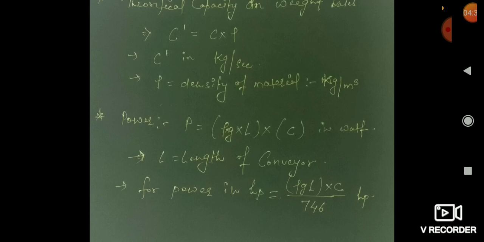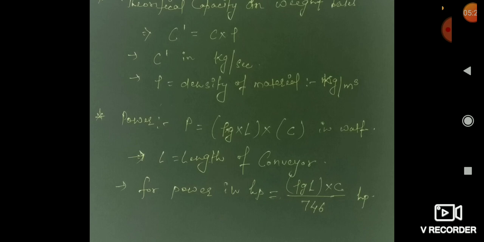Friends, you start from the basic, that all of you know that pressure is equal to force by area, means force is equal to pressure into area. And when you put the force value in terms of pressure and area, then you can calculate power as power is equal to force into velocity, which is equal to pressure into area into velocity.